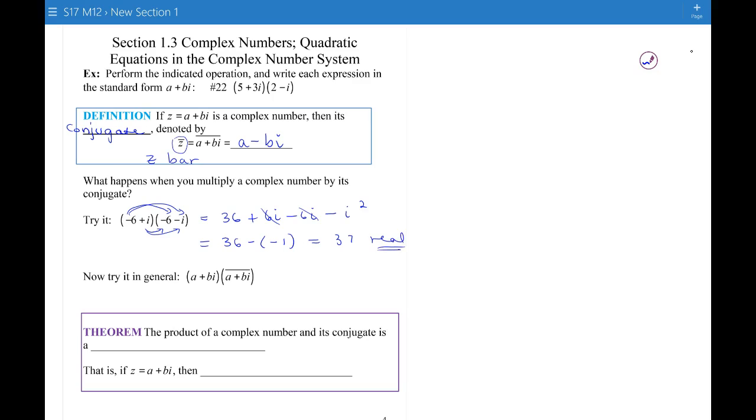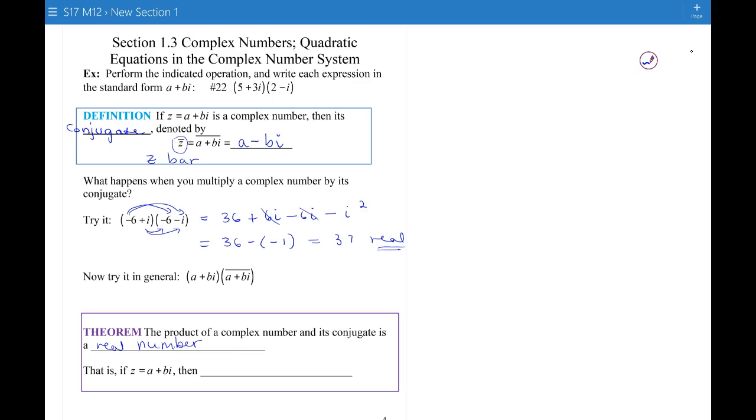So when you multiply a complex number by its conjugate, you get a real number only. We'll do it in general together in class. So if you do it with letters and show what happens, then you can say that always happens. Okay, so we have a theorem here. The product of a complex number and its conjugate is a real number.